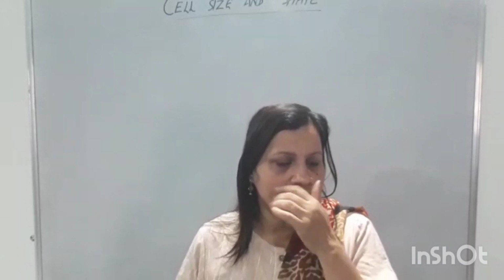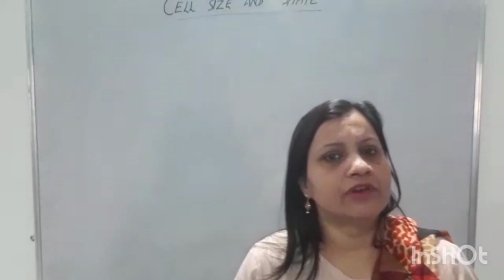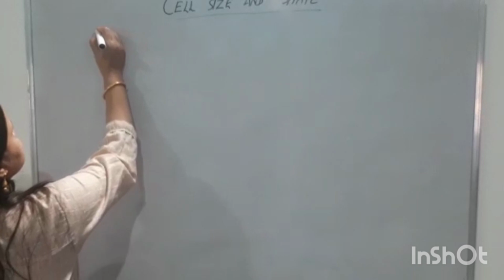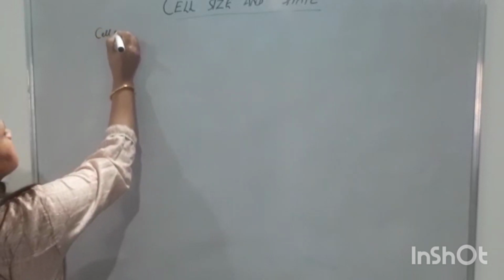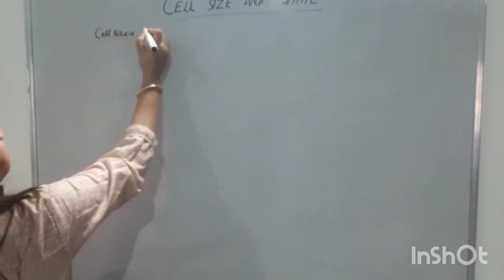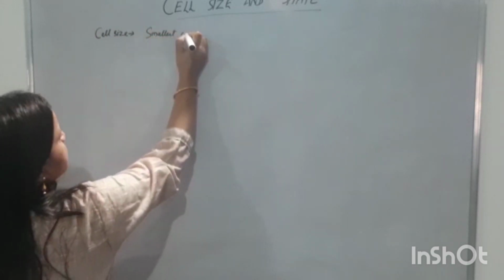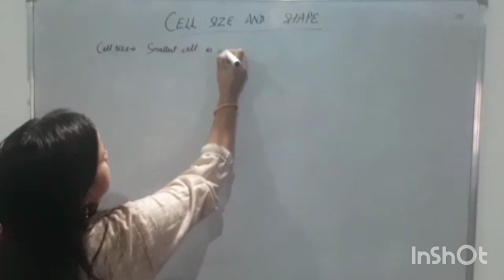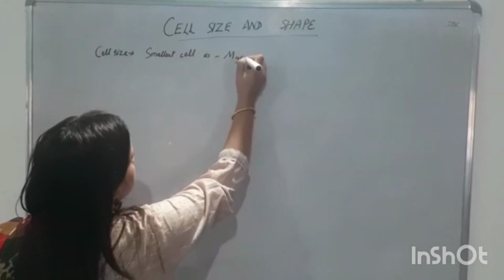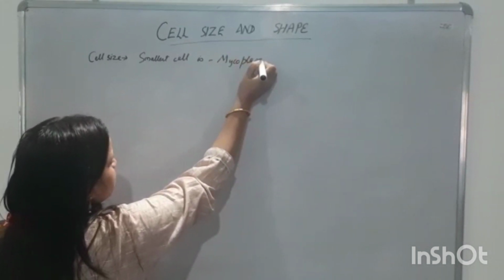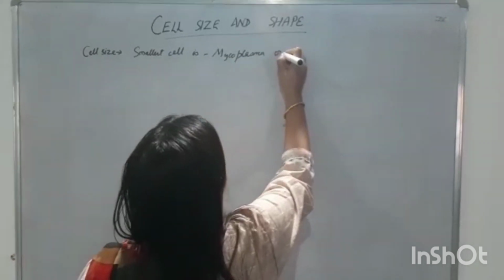The name is like that because it is found in the cattle suffering from pneumonia and the pleural fluid. That is called PPLO. So under the cell size, the smallest cell is mycoplasma or PPLO.